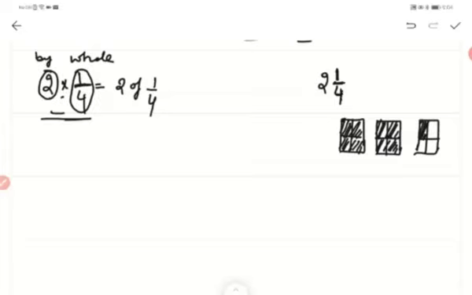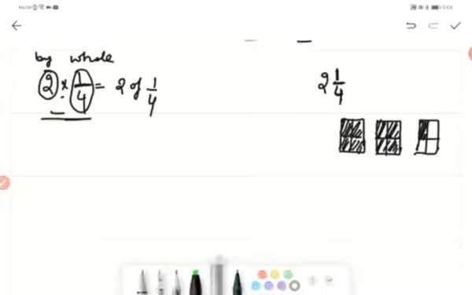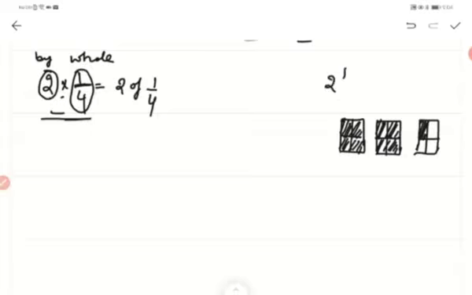We are not getting in between here. If I write 2 1 by 4 like this, it is a mixed fraction. So 2 into 1 by 4 is different from 2 1 by 4.